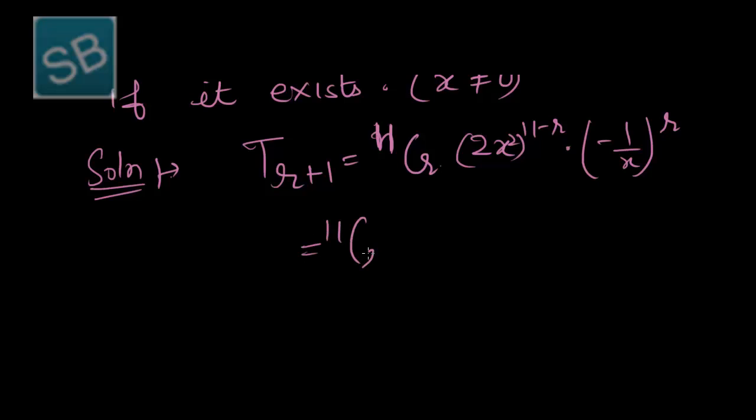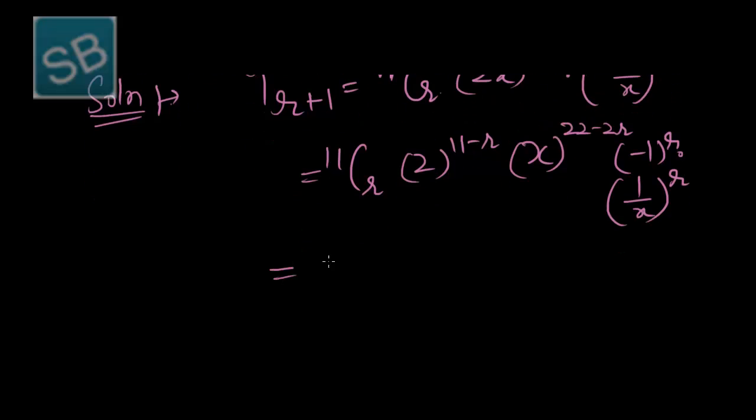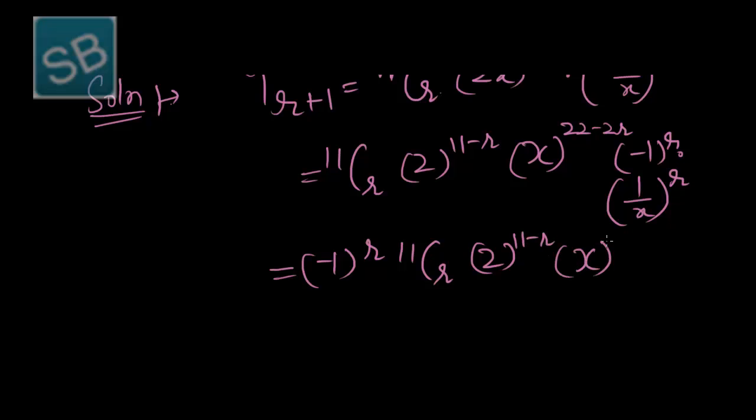So we get 11Cr, 2 raised to power 11 minus r, x raised to power 22 minus 2r, minus 1 raised to power r into 1 by x raised to power r. So we get minus 1 raised to power r, 11Cr, 2 raised to power 11 minus r, and x raised to power 22 minus 3r.